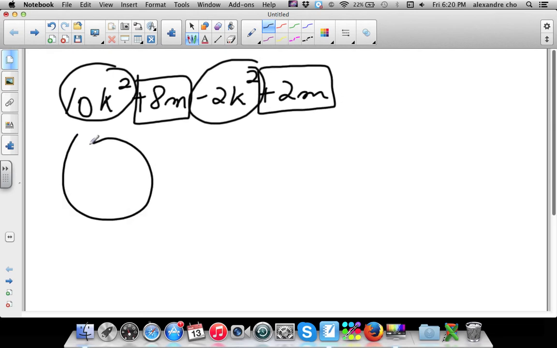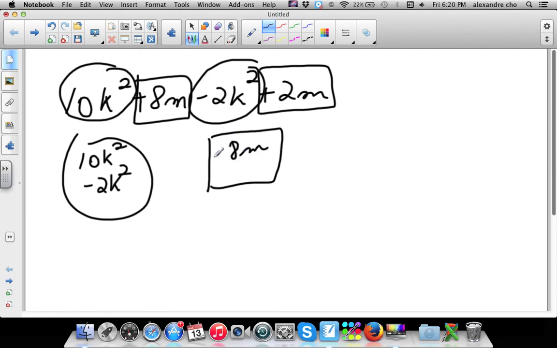So in our circle we're going to have 10k squared minus 2k squared, and we're going to have 8m plus 2m. So our final answer would be 10 minus 2 is 8 k squared plus 10m. So that's the first part.